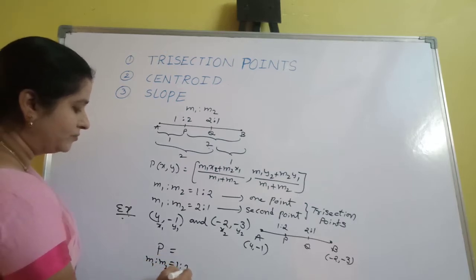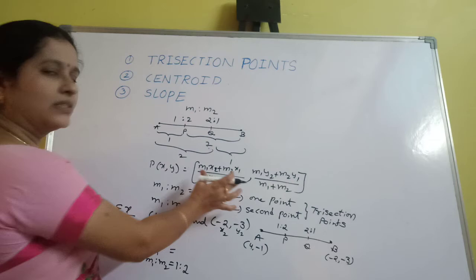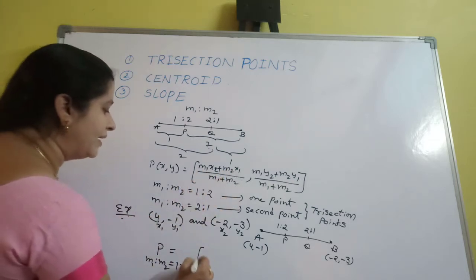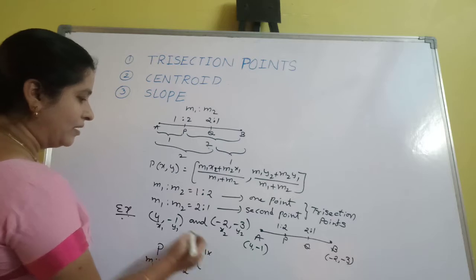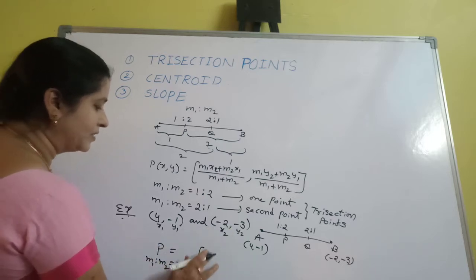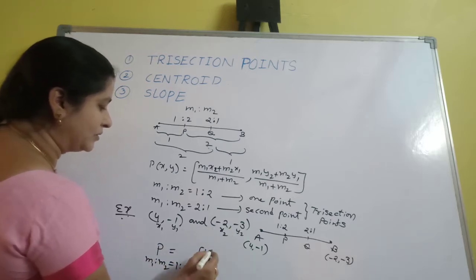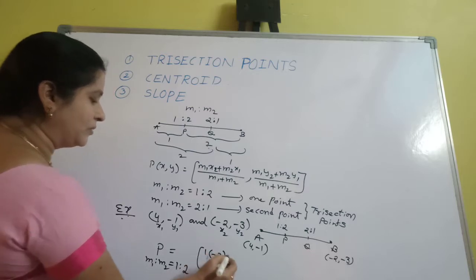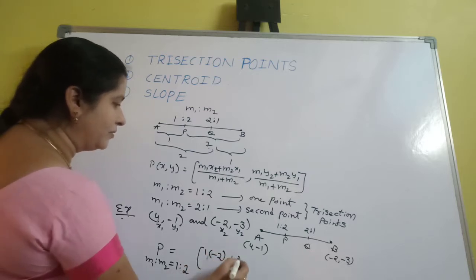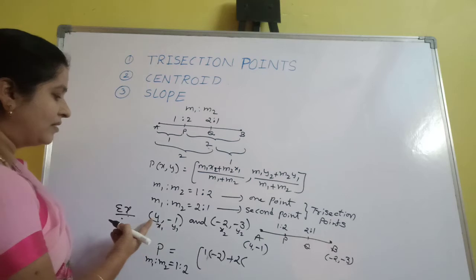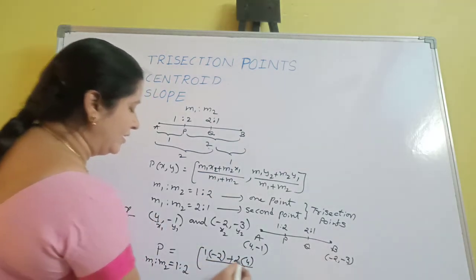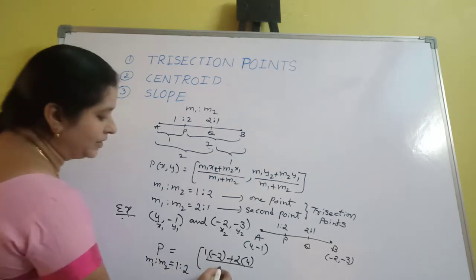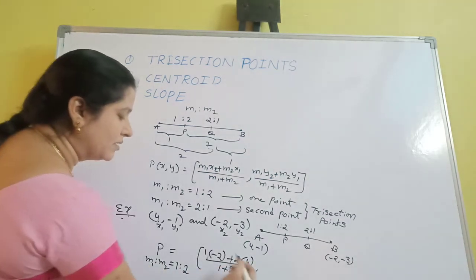Substitute all the values in this formula. m1 x2, that is 1 into -2, plus m2 value 2, x1 value 4, by m1 plus m2, 1 plus 2.